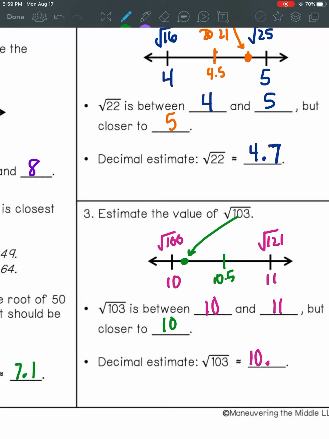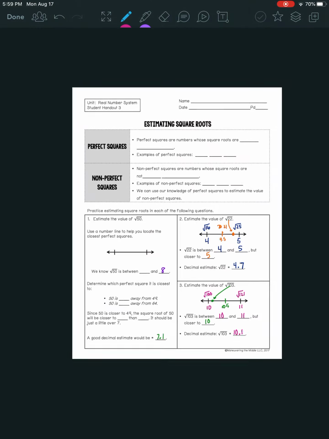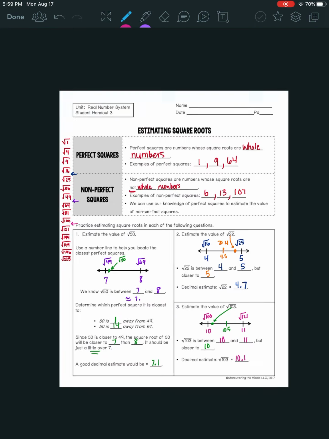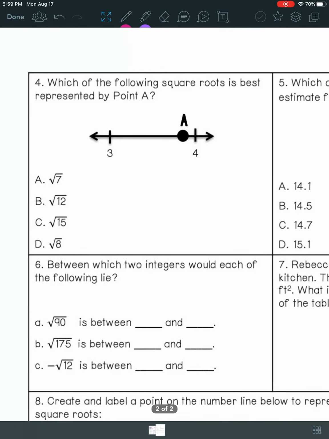So I would guess maybe 10.1, maybe 10.2, close, but I would go more towards 10.1. Okay, again, it's an estimation. So usually I give you credit if you're either above the 0.5 or below the 0.5, depending on which side it's closer to. Okay, let's go to the second page then, a couple more examples.